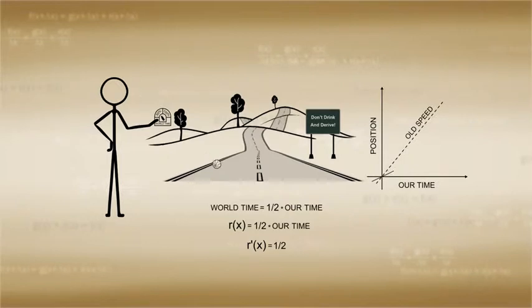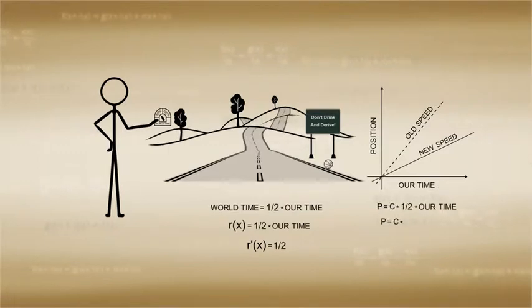We can see that this slows down the ball movement by twice as much. Formally stated, the relationship describing the position of the ball in our time happens to be p equals c times 1/2 times our time, or g of r of x. The derivative of this function is c times 1/2.